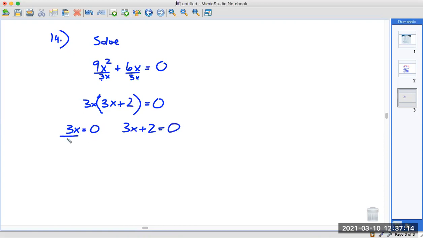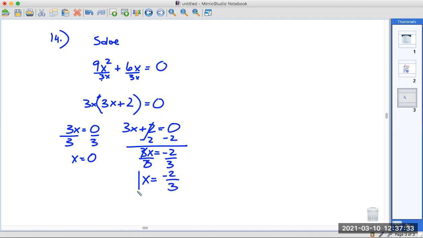For this one, we get x is 0. And for this one, x is negative 2/3. Two solutions, two real solutions.